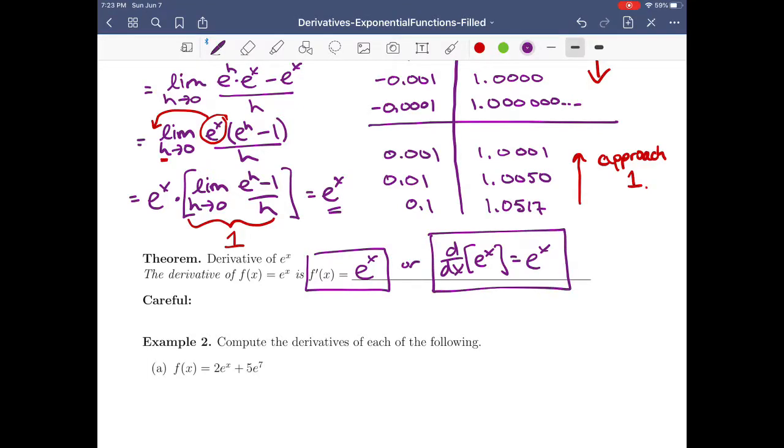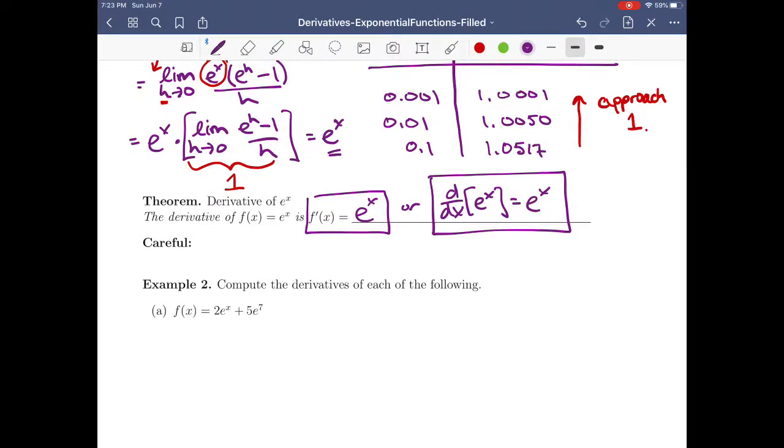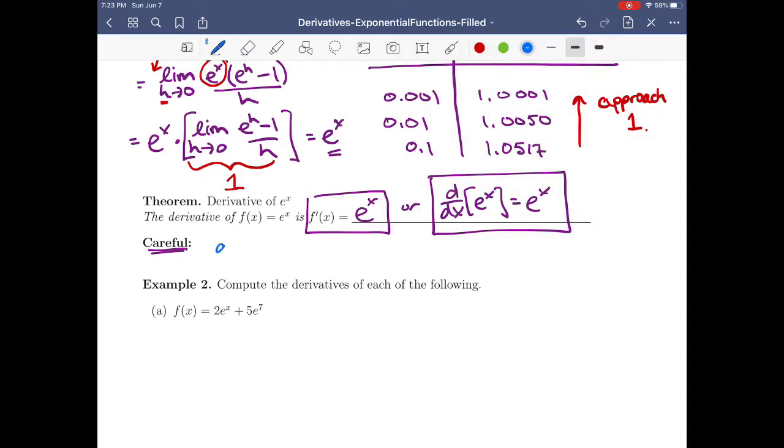Now, be careful. For the derivative of e to the x, it's very tempting to apply the power rule, but the derivative is not x times e to the x minus 1.